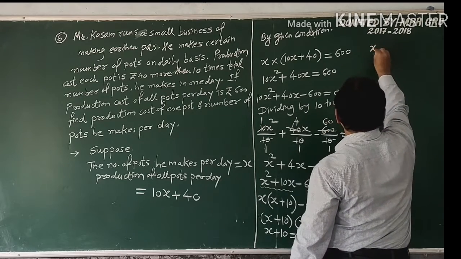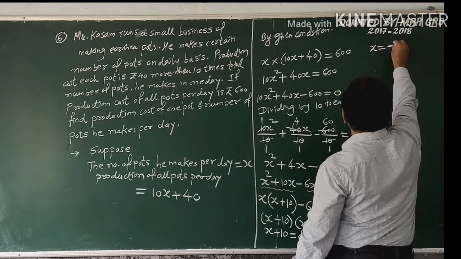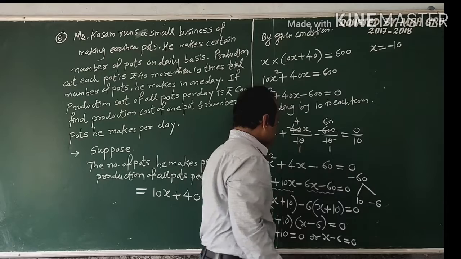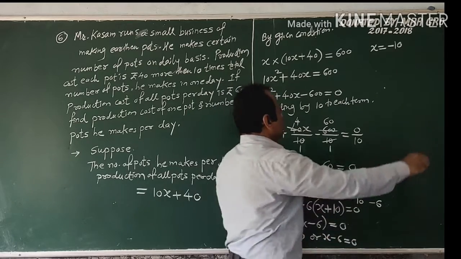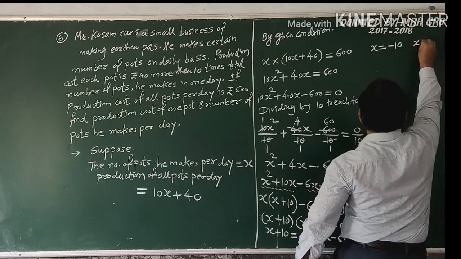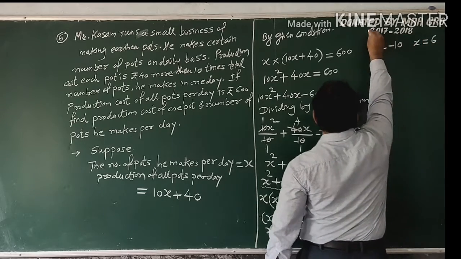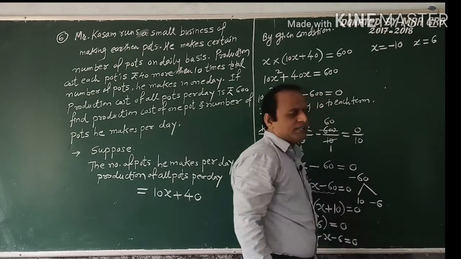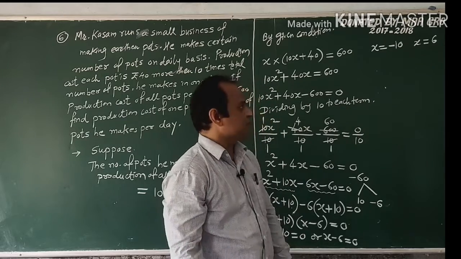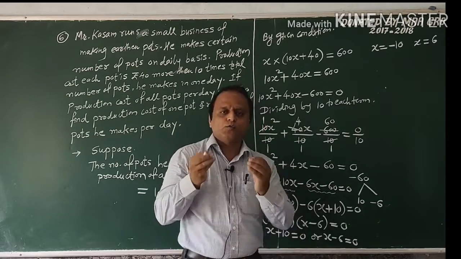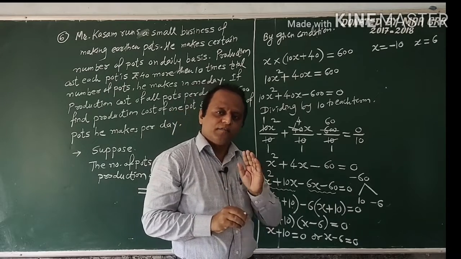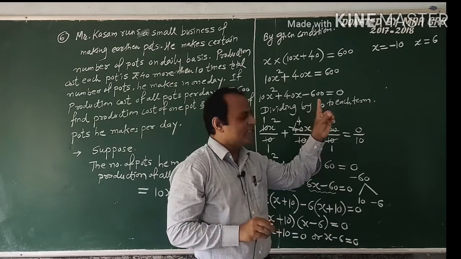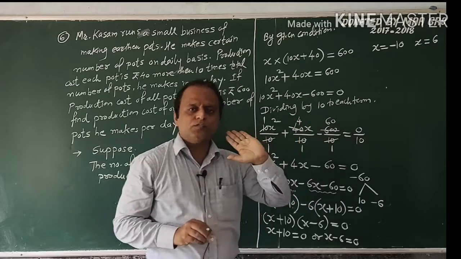Let's see what will happen here. If x plus 10 is 0, x is equal to minus 10. Or if x minus 6 is equal to 0, then the value of x is equal to 6. That means here we get two values of x. Within these two values we have to decide whether x is minus 10 or x is equal to 6.